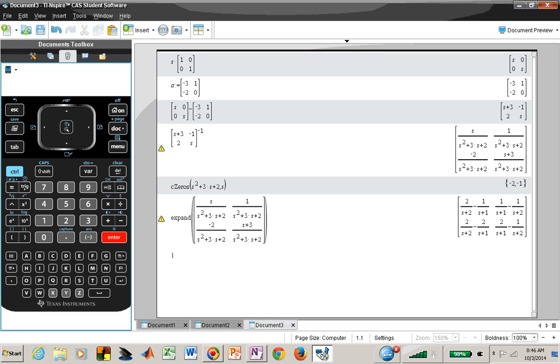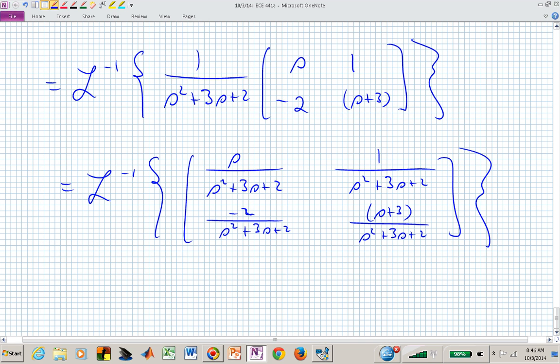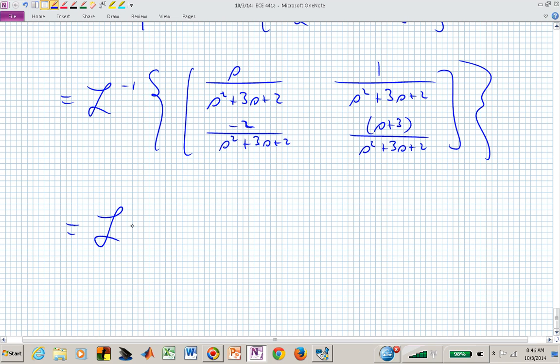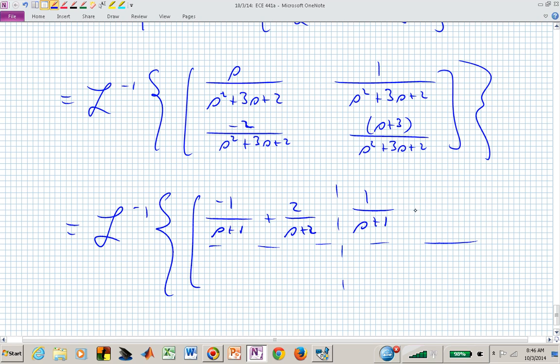Good. So you know how to inverse Laplace transform these real frequency domain expressions. What did we just learn? We could do this the longhand way, but we just found that it's 1 over s plus 1 plus 2 over s plus 2, and we had 1 over s plus 1 plus a minus 1 over s plus 2.